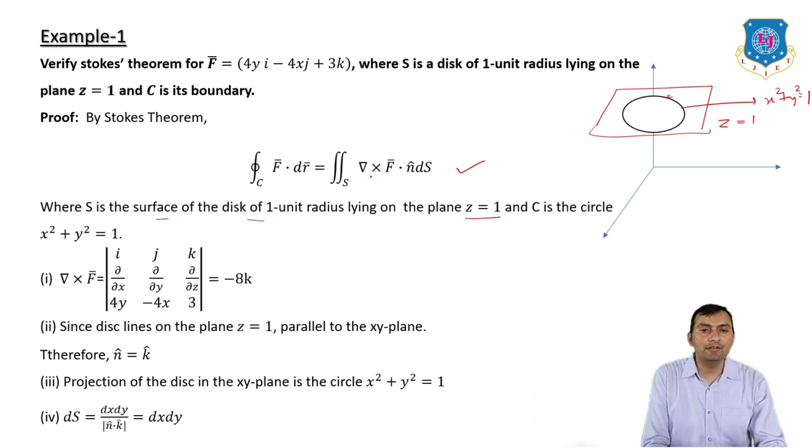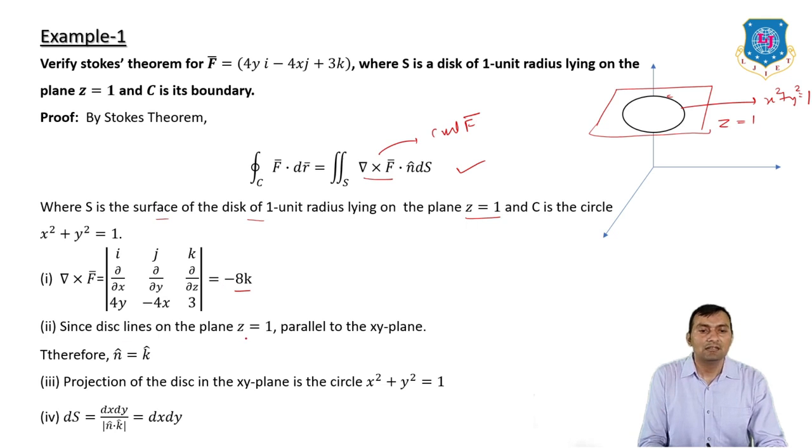For that, first we have to find the curl of F, that is del cross F. So this is the determinant with i, j, k, del by del x, del by del y, del by del z, and F components 4y, minus 4x and 3. After evaluating this determinant, we get minus 8k.